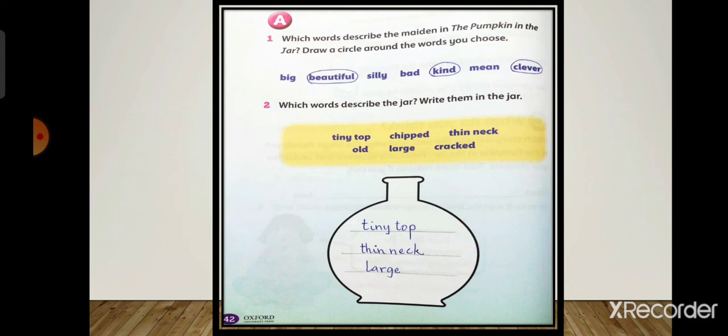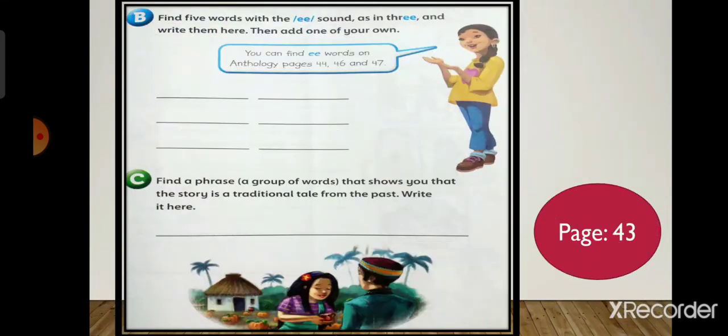Okay? All of you have written? That's good. Now, come on the next page. The first question on this page is find 5 words with the E sound as in 3 and write them here.